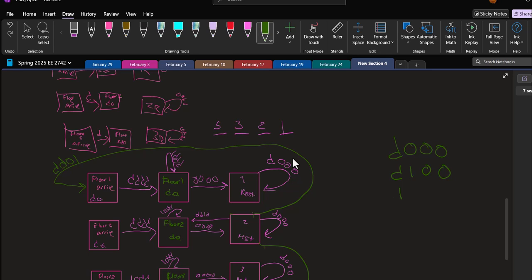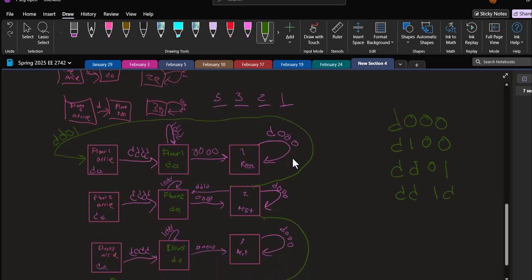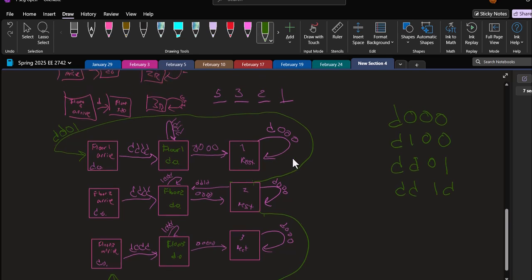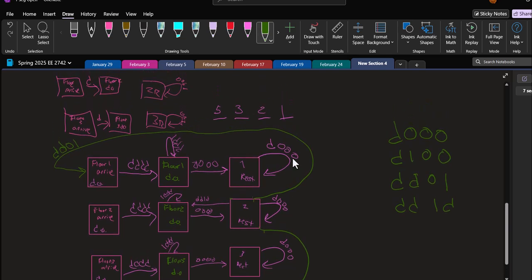We have don't care 1, don't care. Did we have anything else? No. Okay, so have we taken care of all of the possibilities when floor 1 is 0?